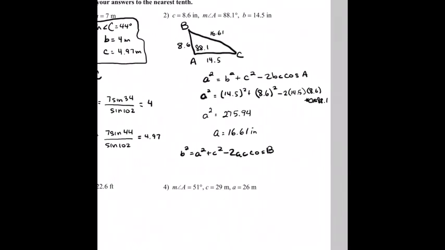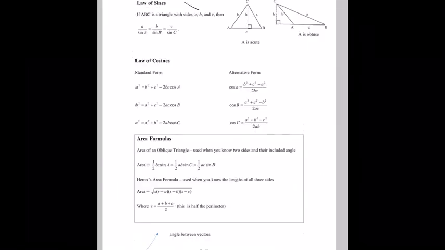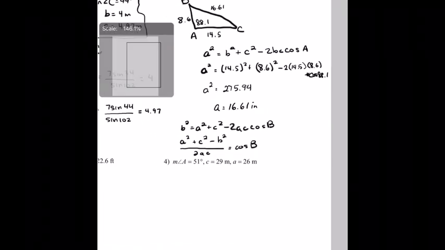If we rearrange some terms to get cosine b all by itself, it would be a squared plus c squared minus b squared divided by 2ac equals cosine b. That's the form that was on that other sheet here. So we've got to do a squared plus c squared minus b squared.